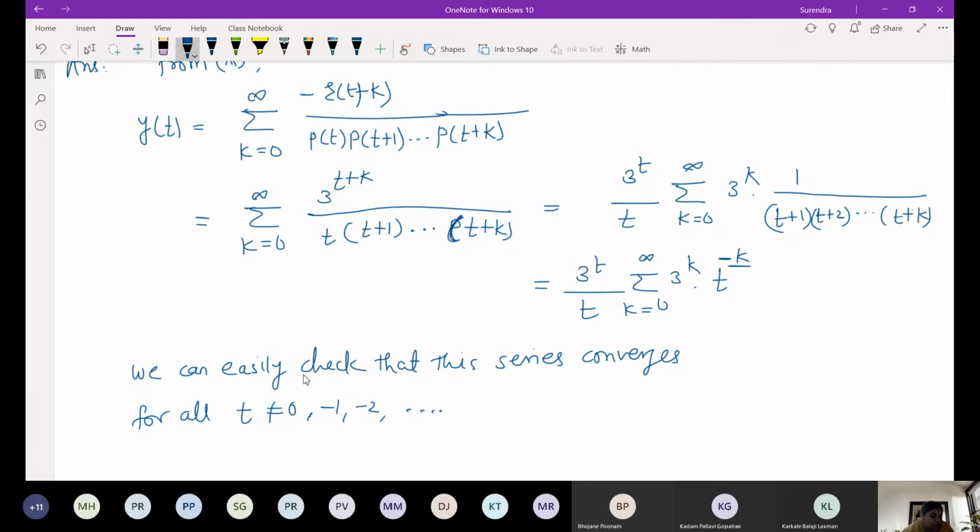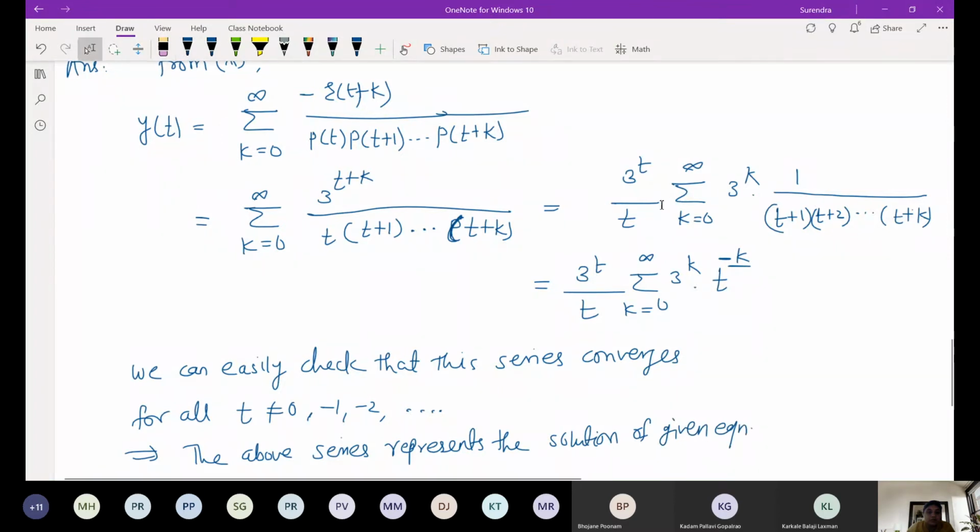So the series represents one solution of the difference equation. So this implies the above series represents the solution of the given equation.